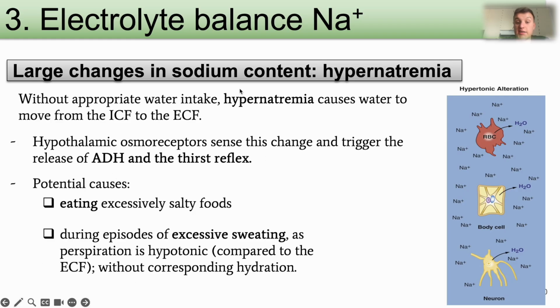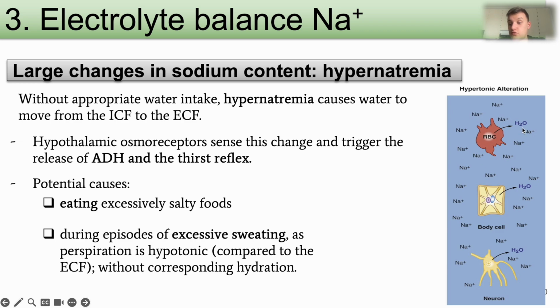What are some potential causes of this? Eating excessive salty food. You know this. When you eat a bag of salt and vinegar chips, you get thirsty after, because you're putting a bunch of this sodium in the ECF, and then your body's triggering you to want to go and drink water. So this is hypertonic, a lot of sodium on the outside.